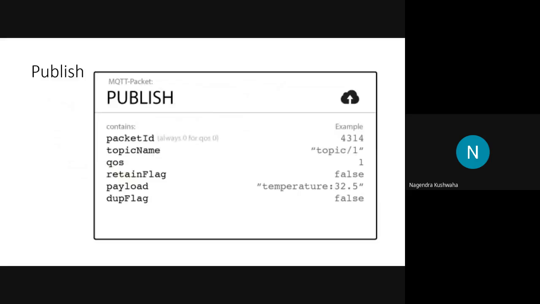Next we'll see, at the time of publishing, what a publisher needs to have: the packet ID, for example 4314. This packet ID is necessary because from a source to the destination there may be various paths, right?